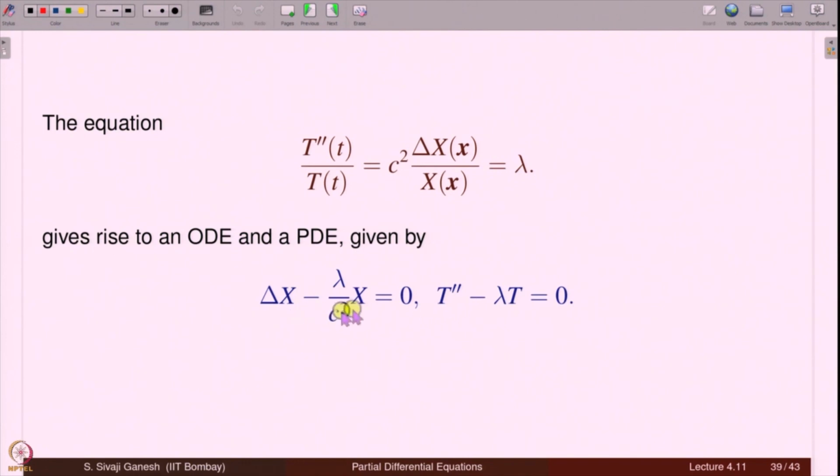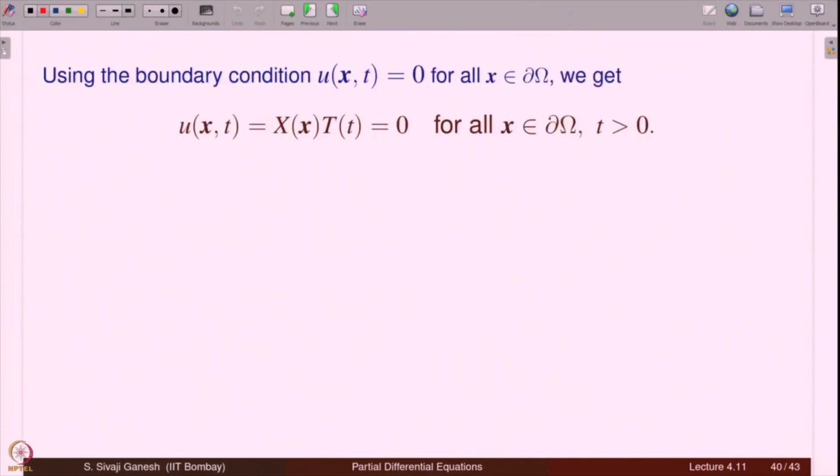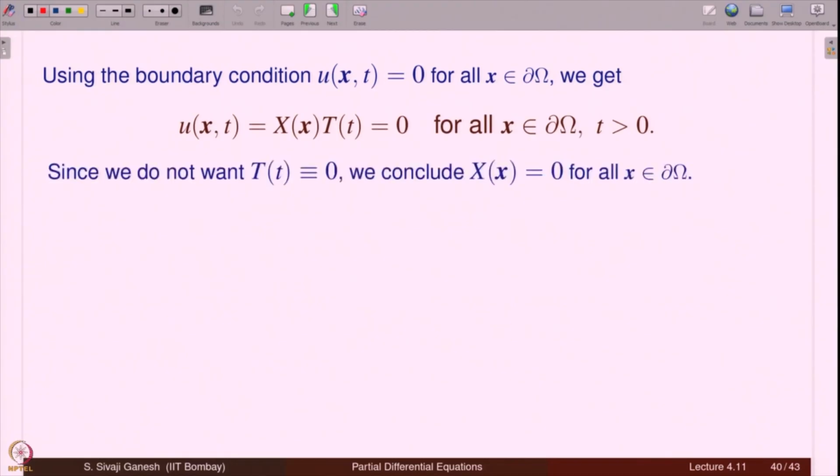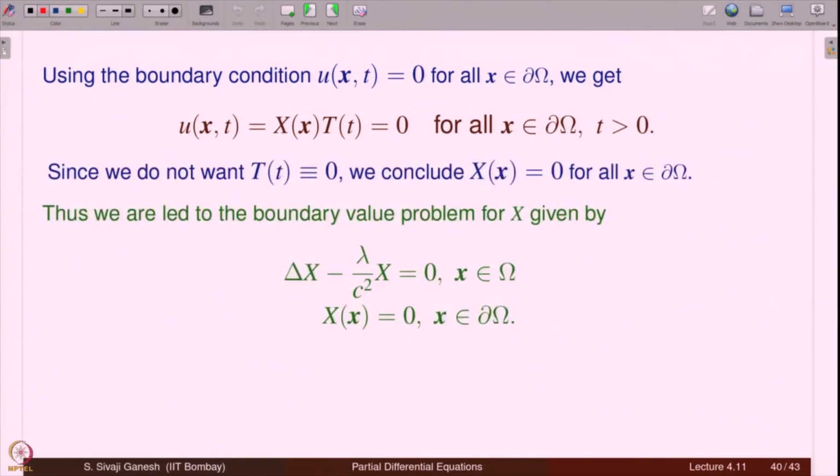So, a PDE for X and an ODE for T, and we have a boundary condition which is u(x,t) equal to 0 for all x in the boundary of omega. Therefore, we get here a boundary condition, X equal to 0 on the boundary of omega, and here we get an initial condition for T as before. So, this is the boundary value problem we have to solve.